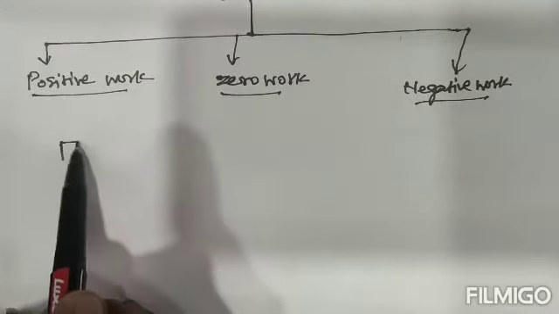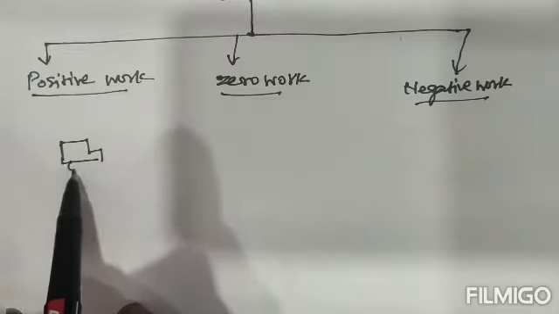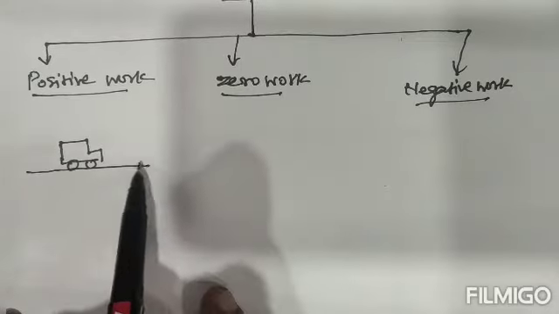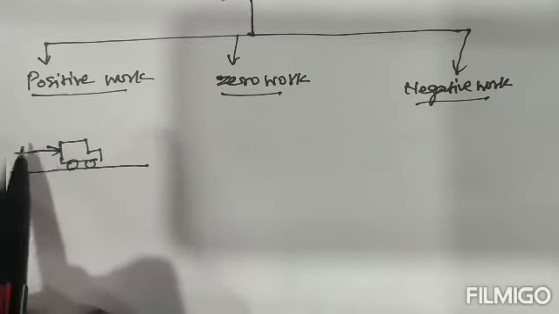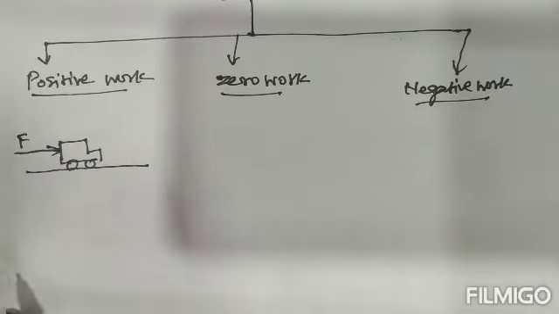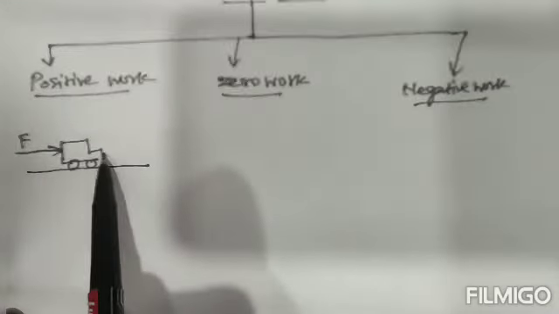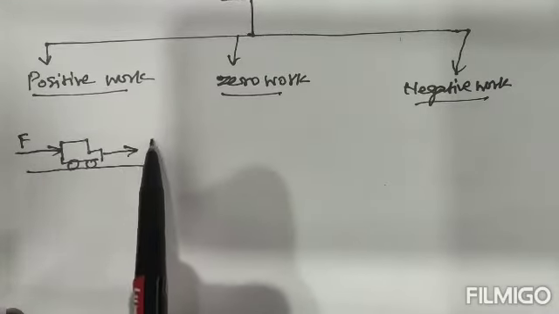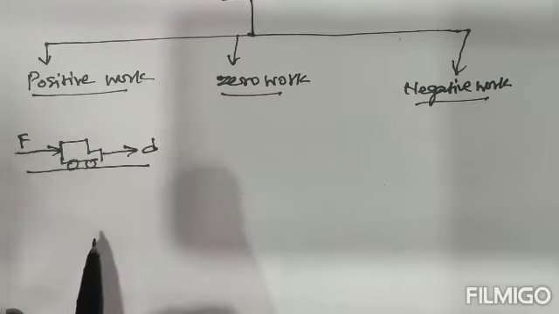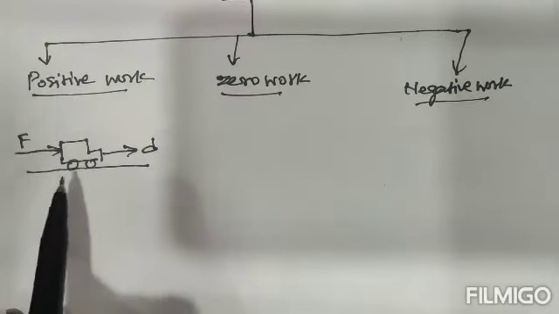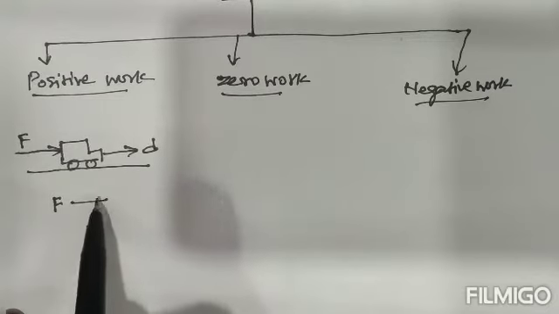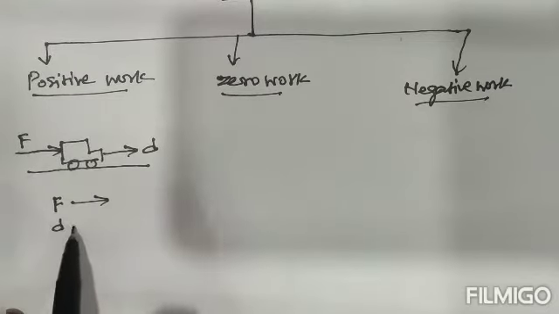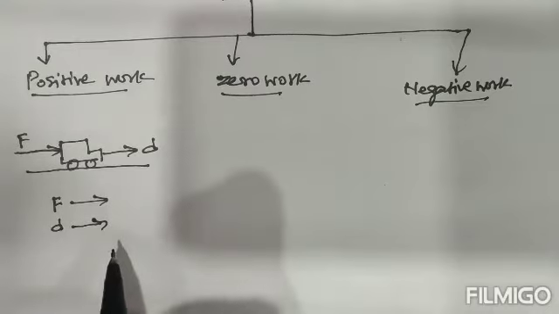For example, let us take one object. Now I will apply the force on the object in this direction. After that, this object is displaced in the same direction as the force. So here the force direction is like this, and the displacement direction is also the same side.